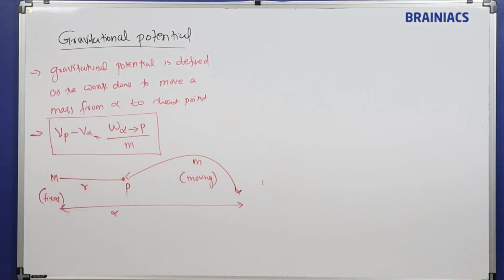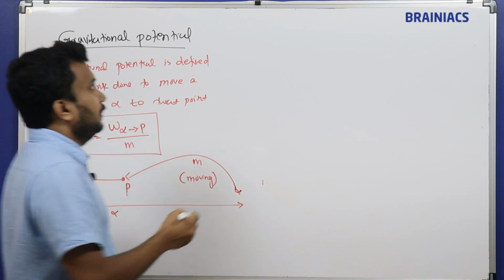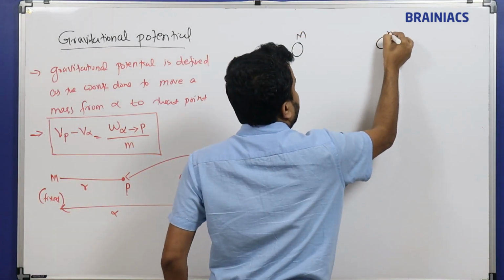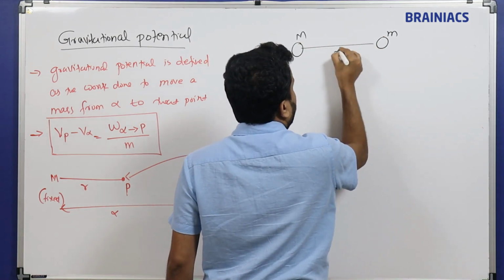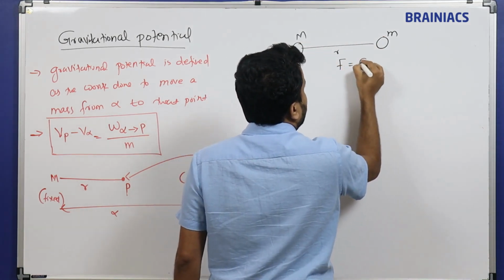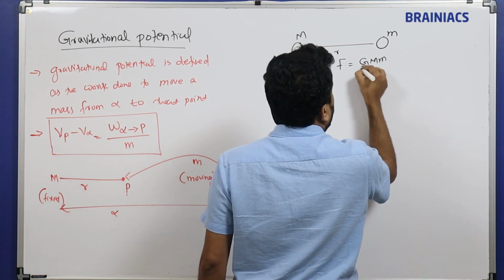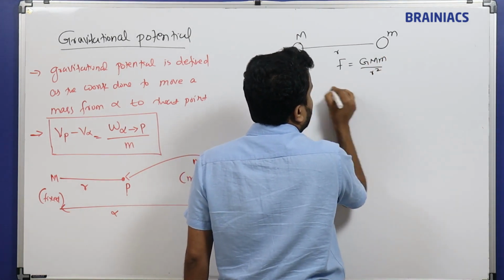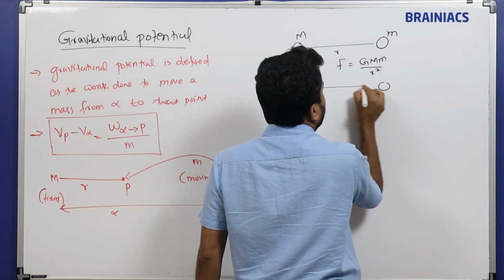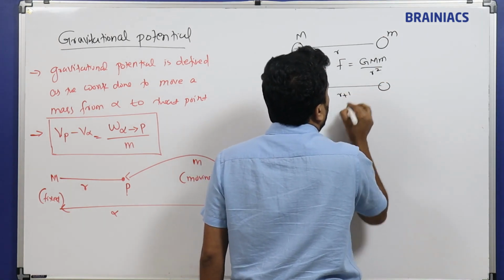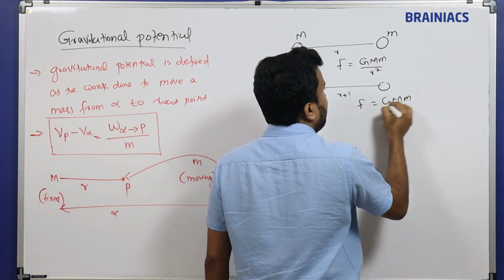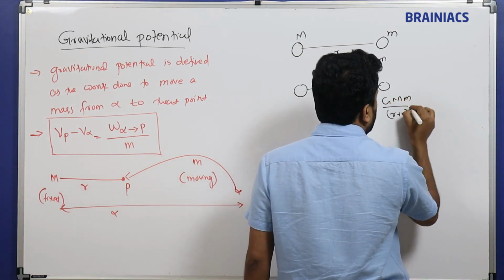So now let's move ahead. We know if you have two masses, capital M and small m, at some distance r meter away, we have a gravitational force F equal to GMm by r square. If this body is moved slightly over a distance, for example r plus 1 meter, now my force will be F equal to GMm by r plus 1 the whole square.